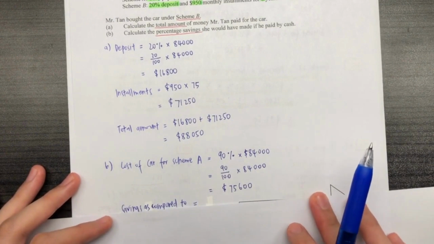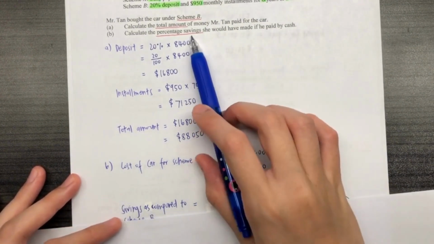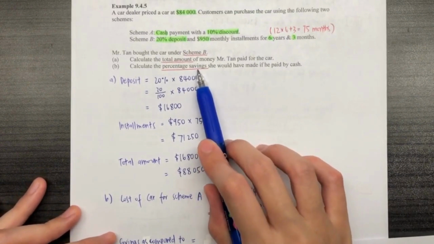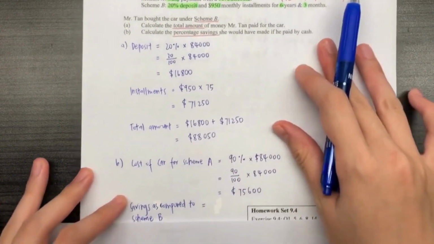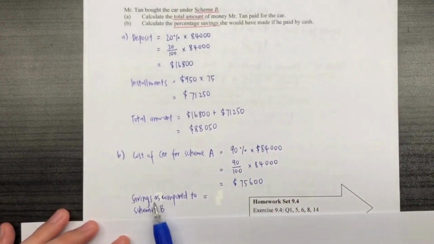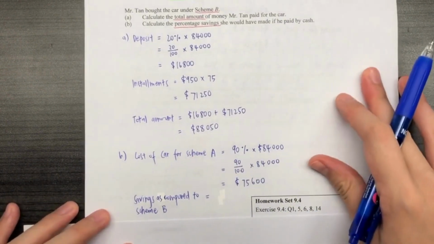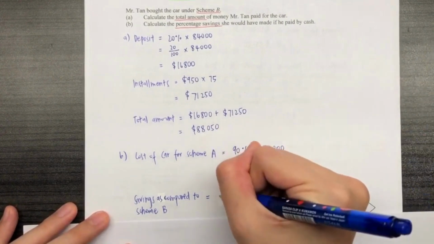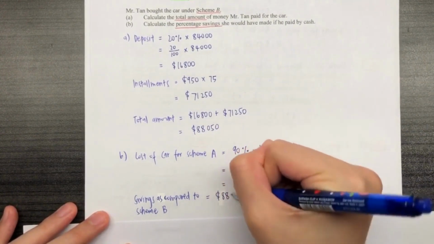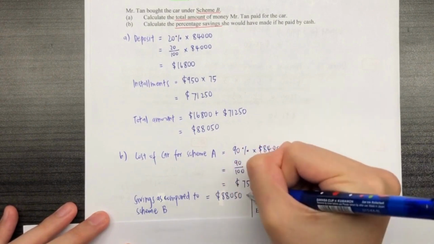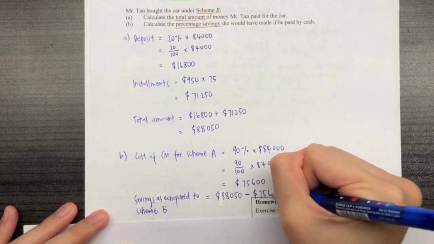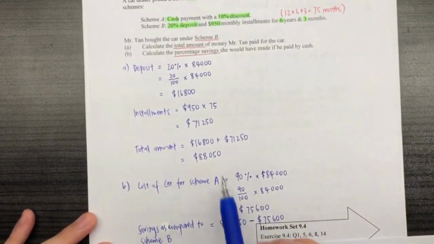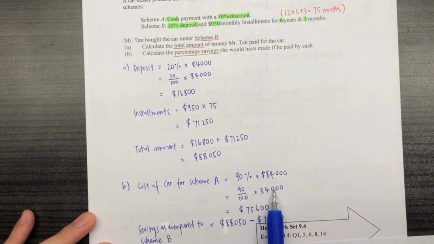To find the percentage savings, we have to find how much he will save first if Mr. Tan were to buy the car under Scheme A. So savings of Scheme A as compared to Scheme B will be $88,050 minus $75,600. So the total amount of Scheme B minus the cost of car for Scheme A.